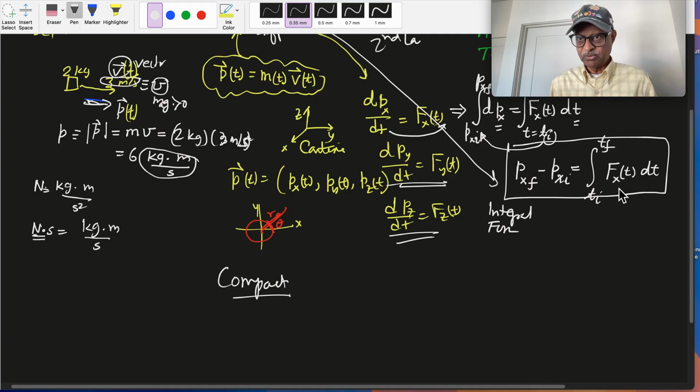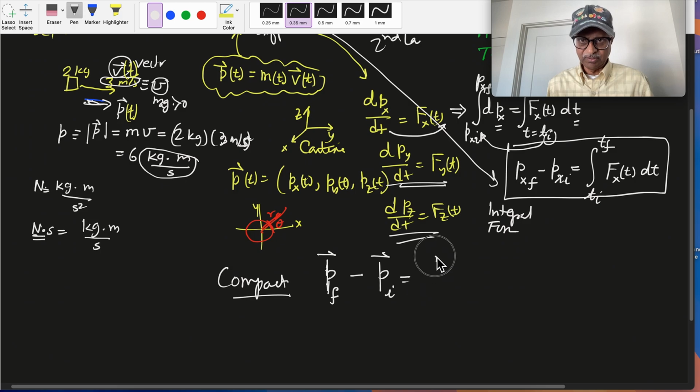This is the way you can do algebra, but the compact way is p vector final, we don't need to put x there, minus p vector initial equals the integral from ti to tf of F. You can't do this integral, you have to do that integral. So this will be a vector, this is conceptual.